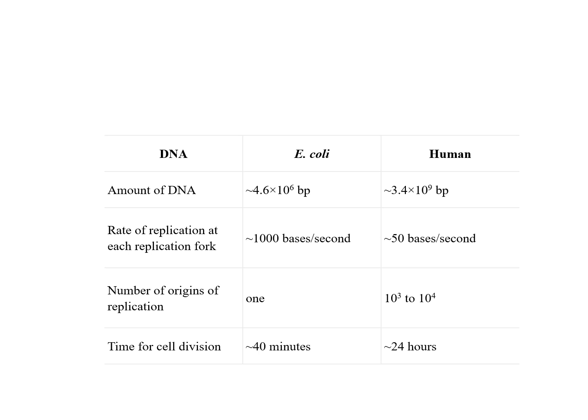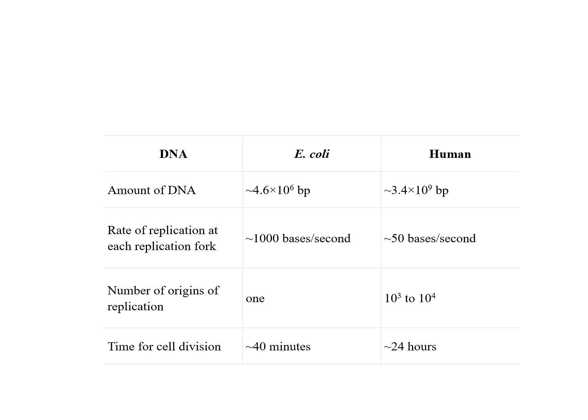And then for the human, the human genome has about 3.4 times 10 to the 9 base pair. And the replication speed is much slower, 20 times slower than the E. coli. This is because in the eukaryotic cell, the DNA is wrapped around the nucleosome, so when the replication occurs, it has to deal with those nucleosomes on the DNA.